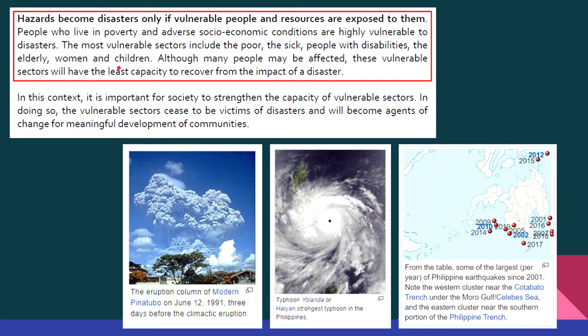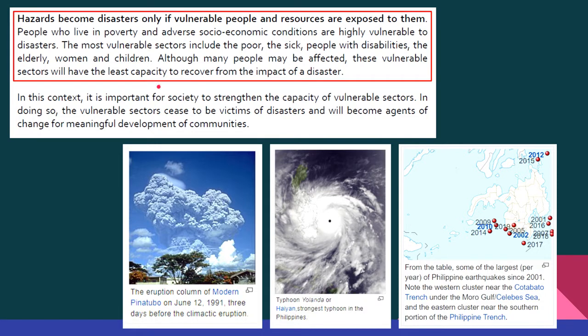Although many people could be affected, and everyone could experience the same hazard, those with high vulnerability have the least capacity to recover from the impact of that disaster. That's why it's very important to strengthen the capacity of those vulnerable parts of our community, vulnerable regions, in order for them to cease being the victims of disasters.